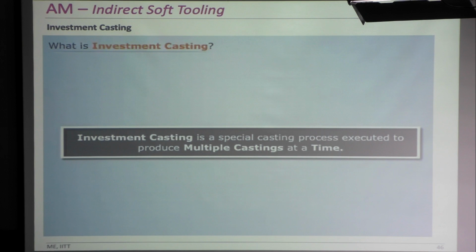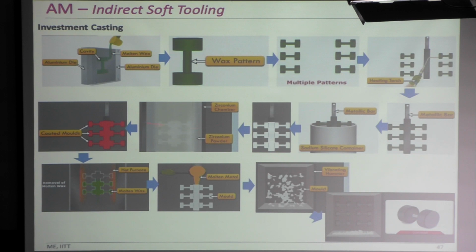And the next one is investment casting. You studied about investment casting, right? What's the principle of the investment casting process? How do you produce multiple components? By using a wax pattern, right? So this is the sequence.